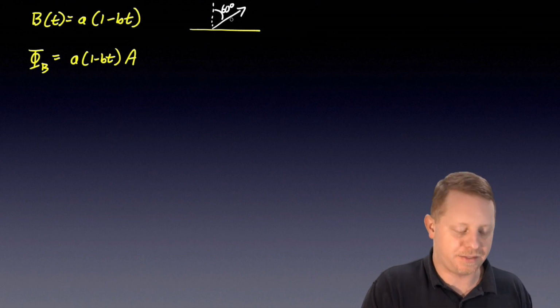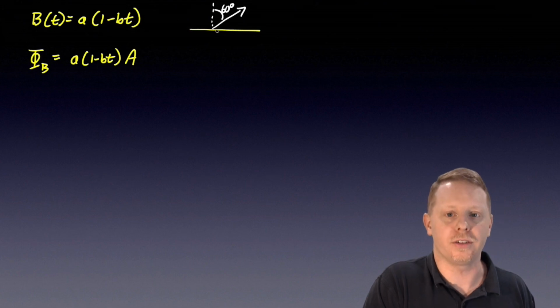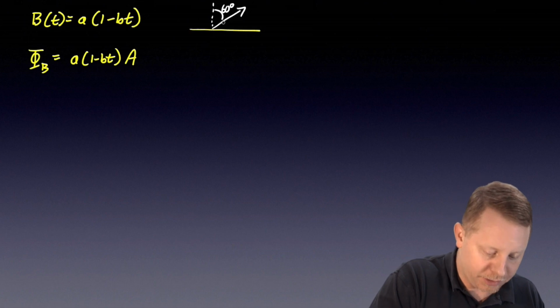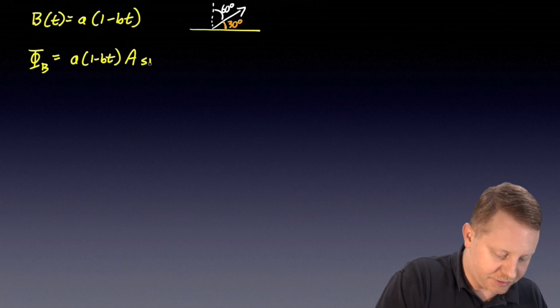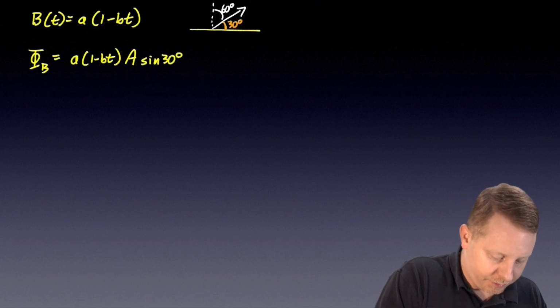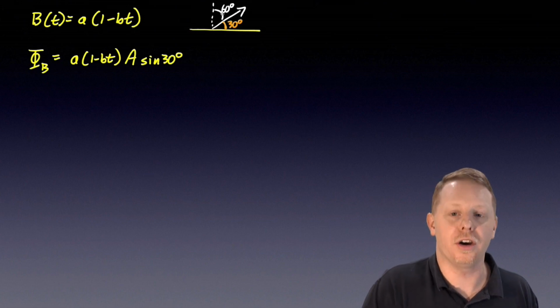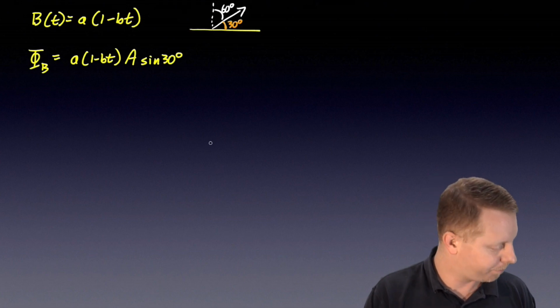And then we also have to have the factor from this angle. It's not all going directly through the loop. I'm going to go back to my more familiar way of doing this and measuring this angle, calling that 30 degrees. So I'm going to throw in the factor of sine 30 degrees there. Or you could have used cosine 60 degrees, you get the same value depending on how you're looking at the problem.